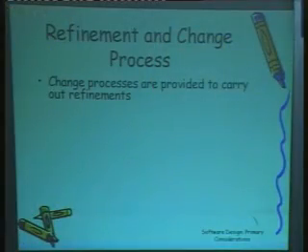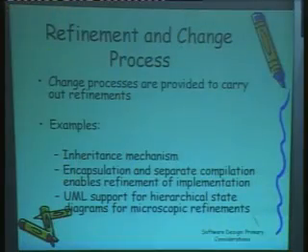So refinement is very important for a change process, or even for expansion, for evolution, and as well for understanding and organization. The change processes are provided to carry out refinements.